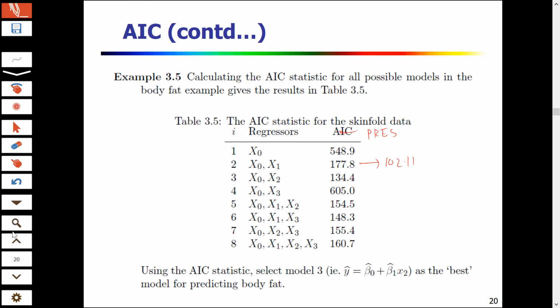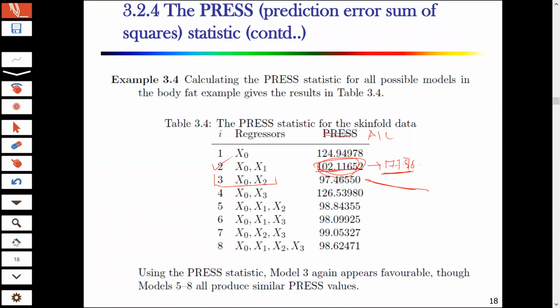So the AIC value, based on the AIC, look at this, model 2 is the best based on the AIC. This is basically AIC. So the model with the lowest AIC here is 97. So that is the best model. This is basically AIC, not press.